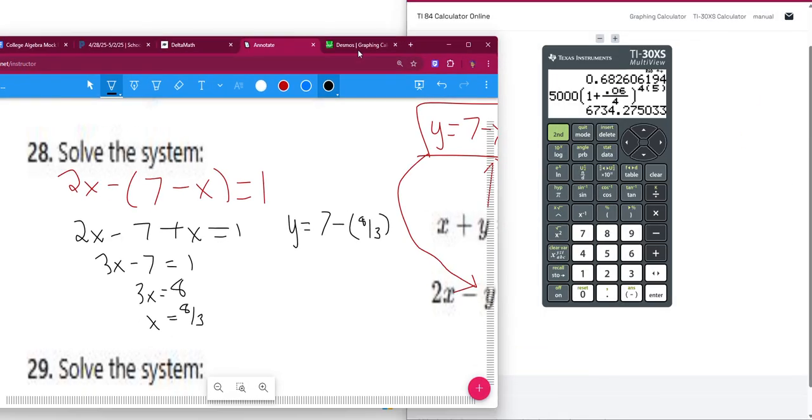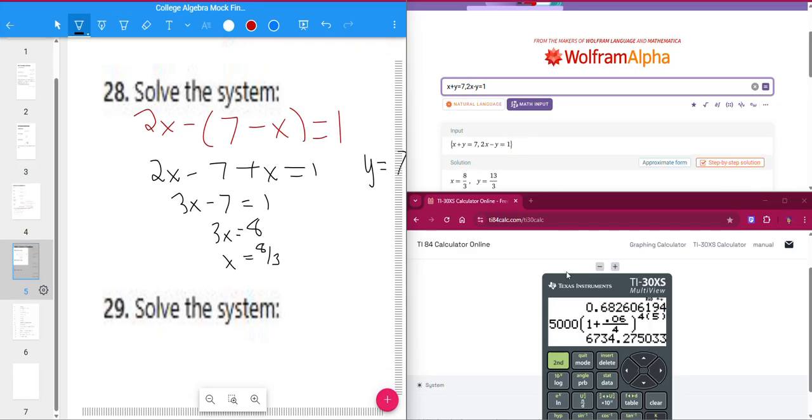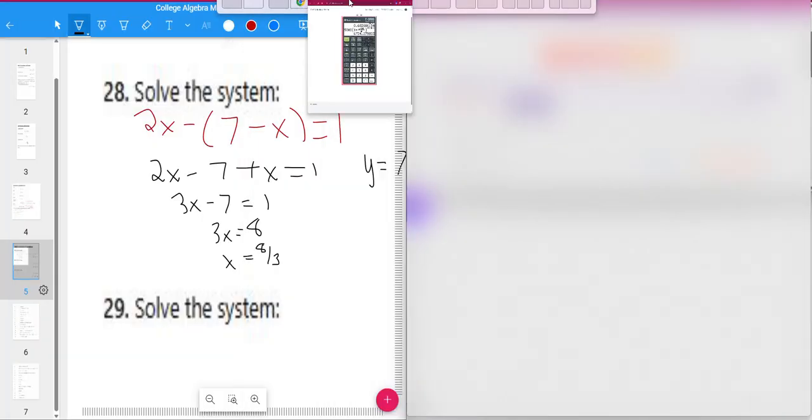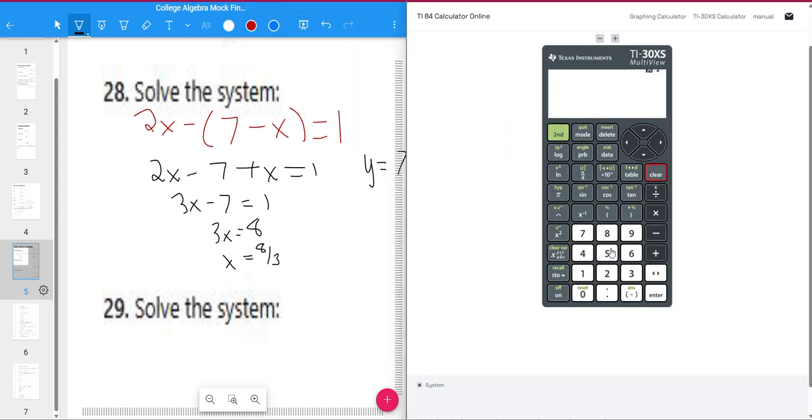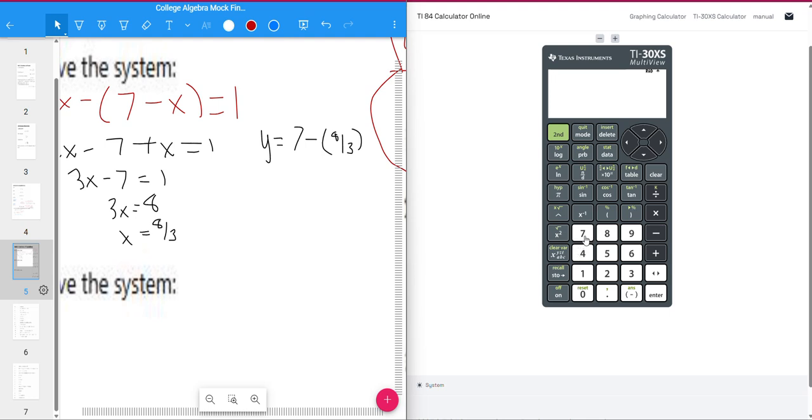If I type it in my calculator, so y equals 13/3. So my answers go x comma y, so 8/3 comma 13/3.